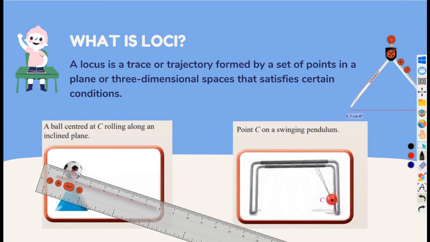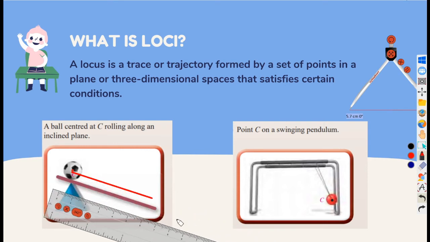This is the point at C. As you can see inside here is a trace or trajectory formed.